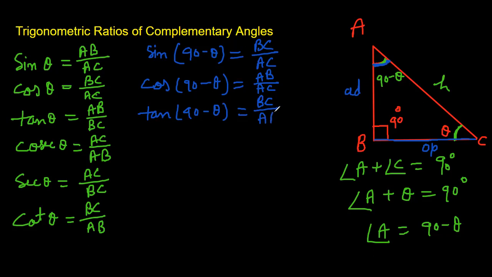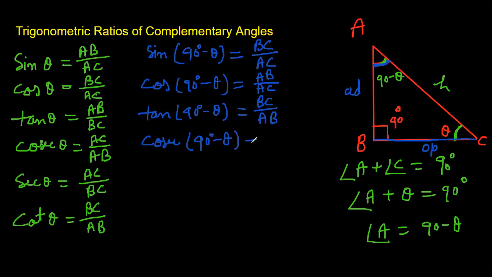Now the other three trigonometric ratios are, of course, reciprocals. So we can say the cosec of 90 minus theta. When we are saying 90 minus theta, that is 90 degrees minus theta; the degree is in every one of these.